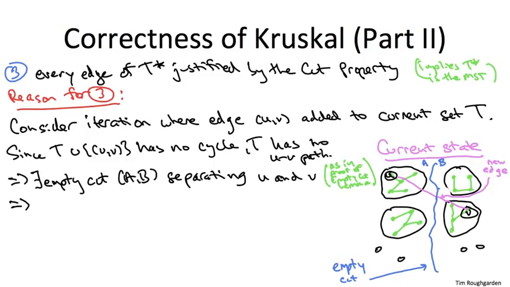There's no way that first edge considered can create a cycle with respect to the edges already chosen, so it's not going to trigger the exclusion criterion, and that edge is going to get picked. So what's the significance of being the first edge crossing a cut? Well, because of the greedy criterion, because Kruskal considers edges from cheapest to most expensive, the first edge it encounters crossing a cut is also necessarily the cheapest edge crossing the cut.